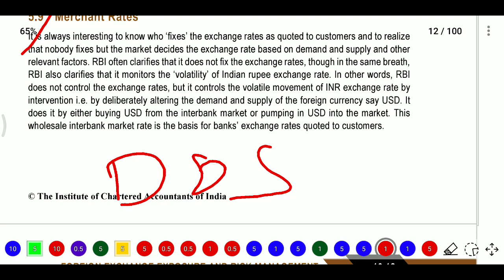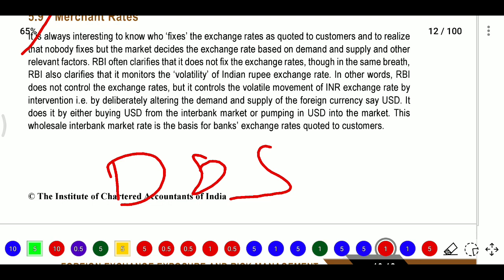RBI often clarifies that it does not fix the exchange rate. At the same time, RBI also clarifies that it will monitor the volatility of the Indian rupee exchange rate. So it monitors the currency but cannot decide the exchange rates. In other words, RBI does not control the exchange rate, but it controls the volatility of the movement.